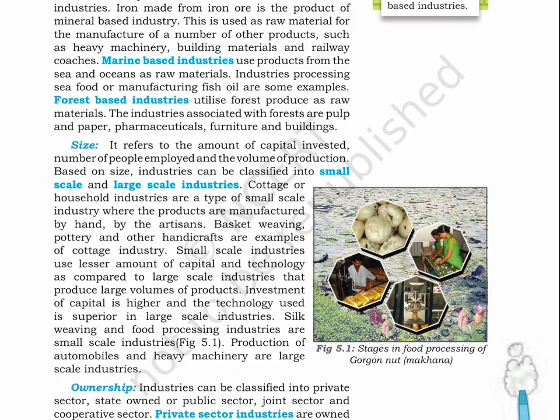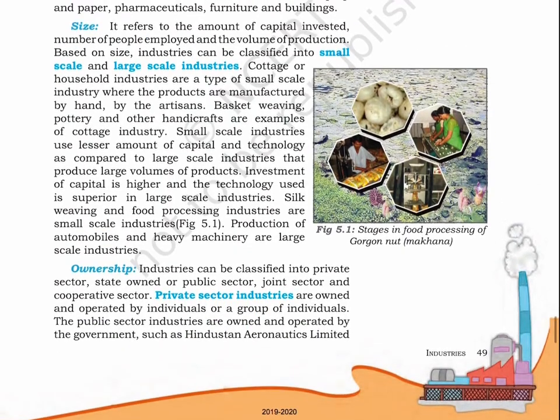Ownership. Industries can be classified into private sector, state-owned or public sector, joint sector, and cooperative sector. Private sector industries are owned and operated by individuals or a group of individuals.